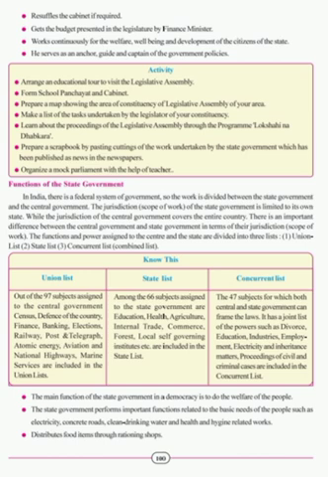Distributes food items through rationing shops. State government distributes food items through rationing shops. You must be knowing that ration shops provide you wheat or rice or some kind of dal. Every month people get ration through ration shops.